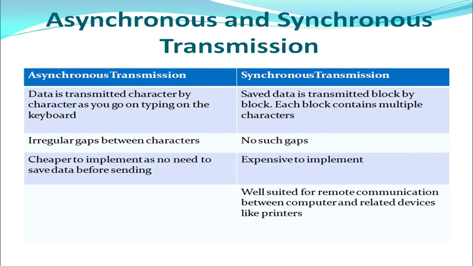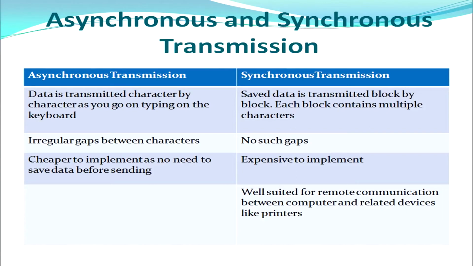But in case of synchronous transmission, the data has to be saved into a block. Then only it can be sent forward. So, it is an expensive implementation as compared to asynchronous transmission. But synchronous transmission is very well suited for remote communication system between two computers or a computer and other peripheral devices like printers, scanners, etc.